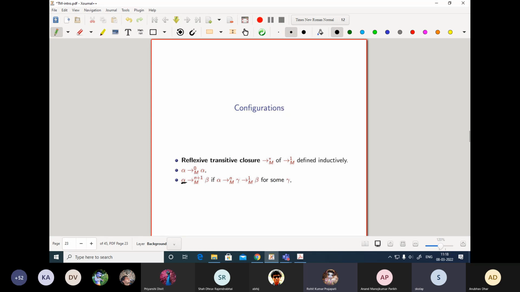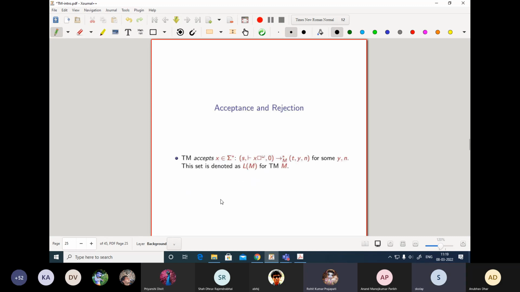Suppose you can derive the configuration beta from alpha in n+1 steps. It basically means that there is some configuration gamma which was derived from alpha in n steps, and then from gamma, beta is the next configuration. Some configuration beta can be derived from alpha if there is some n greater than or equal to 0 such that beta is derived from alpha in n steps. So these are things you have seen before.